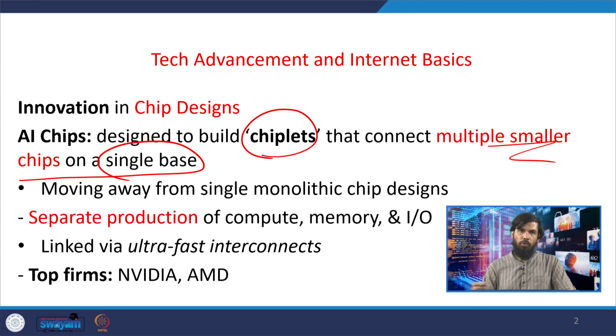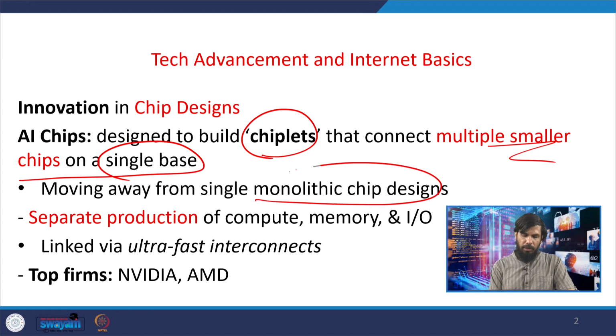And this is a move away from monolithic chip design. Earlier, whether we talk about the single core chip or the multi core chip, the chip remains the same, it is just that either one core or multiple cores are there. But here we are talking about multiple chips themselves being connected and forming the chiplet.